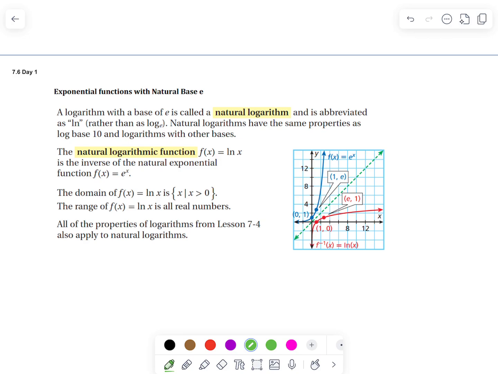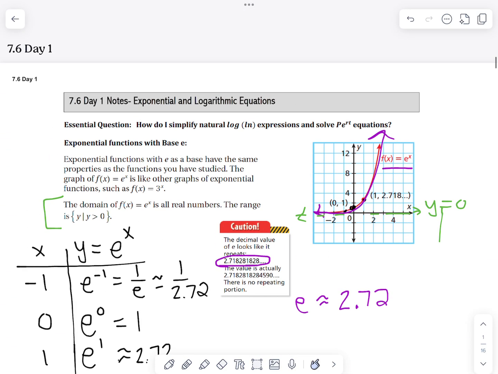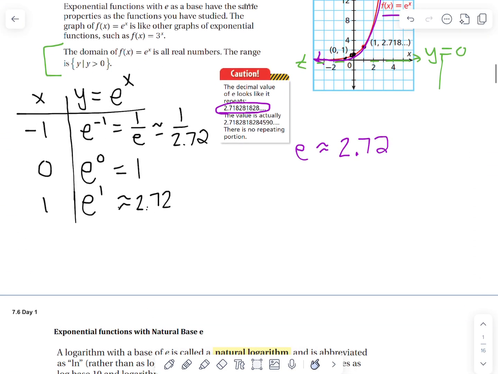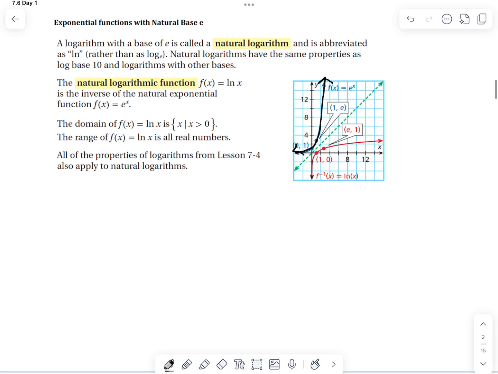So notice here, I'm just going to color it in black. So that's the graph that we did on the previous slide, right here, in purple. Then what we would do is take those ordered pairs and reflect them. We would interchange them.